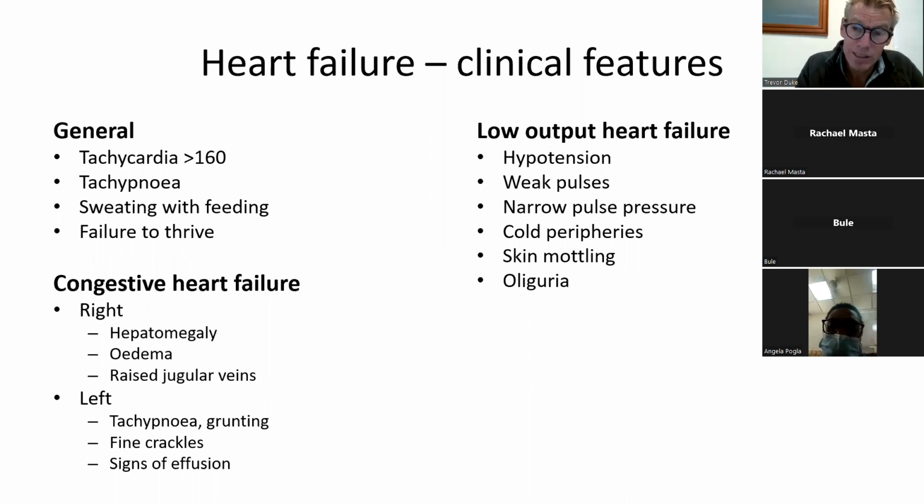So babies feed and then they get rather sweaty because they've got heart failure. It uses up a lot of energy, so it's like physical exertion for them. And then failure to thrive. These are common general, systemic features of heart failure.